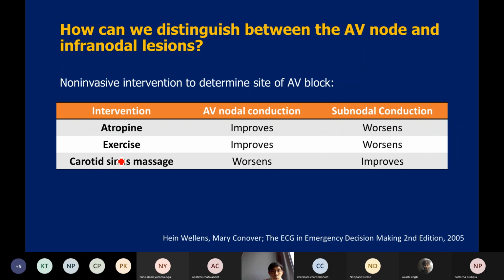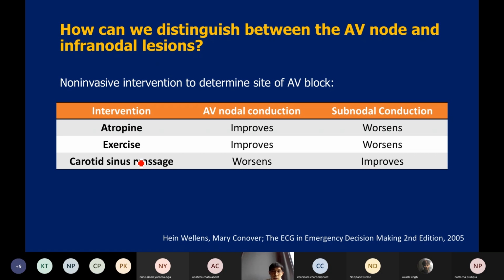The second intervention that you could do is let the patient exercise. You could put the patient on a treadmill, or make the patient walk in the ward and see if there is any improvement or worsening of the severity of the AV block.